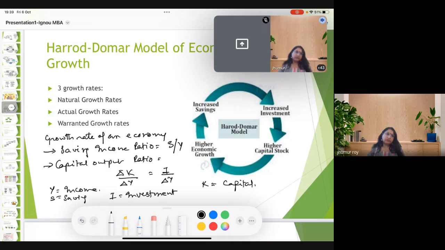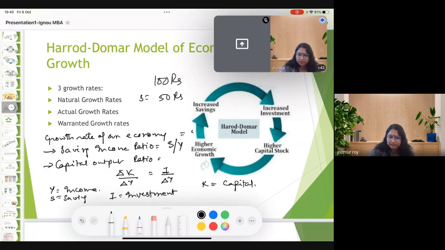So the growth rate of an economy is studied through two different ratios. The first is the saving income ratio. How much money are you saving? If you've got 100 rupees and you are saving 50 rupees, then this ratio will come out to be 50 upon 100.